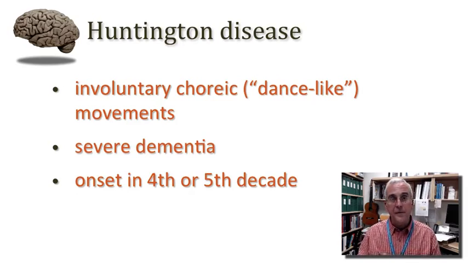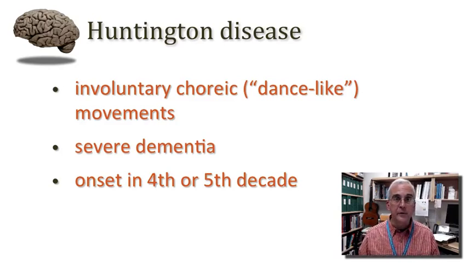So most of us have a string of repeats, maybe around 20 or so repeats of this CAG motif in our Huntington gene. But if the number of repeats exceeds about 30, 35, 40, then the likelihood of developing Huntington disease increases dramatically. Now, we don't quite understand yet the link between this increase in these repeated motifs in the gene and the product of the gene and how that relates to the pathology in the brain.